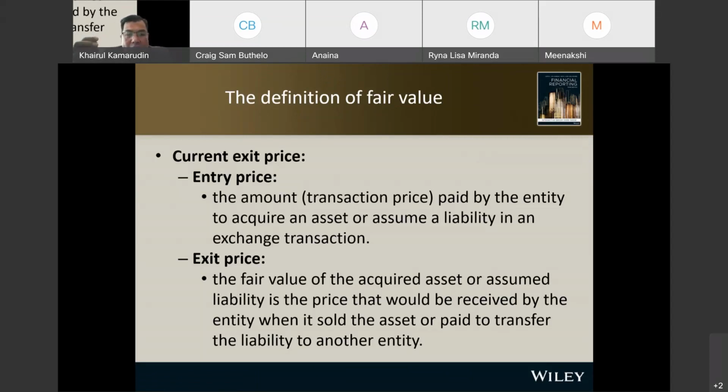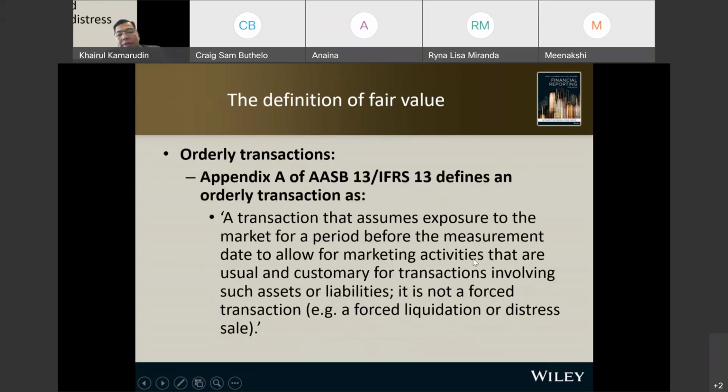Whereas the exit price is the fair value of the acquired asset or assumed liability, the price that would be received by the entity when it sold the asset or paid to transfer the liability to another company. When you sold the asset or paid the liability, what will be the price? So that is the exit price.